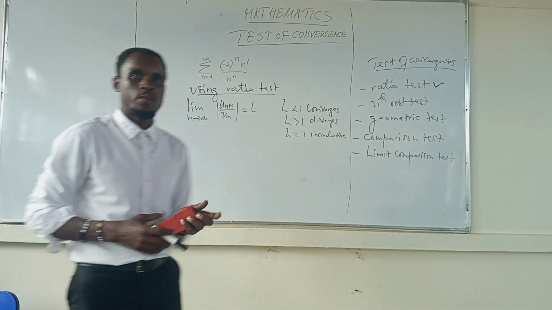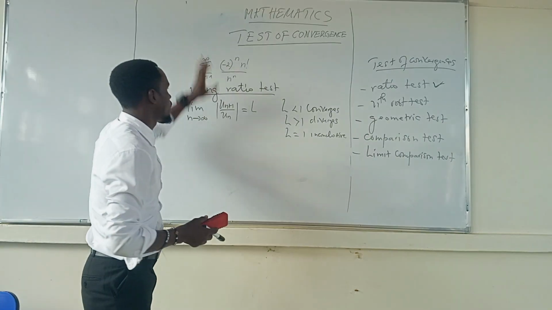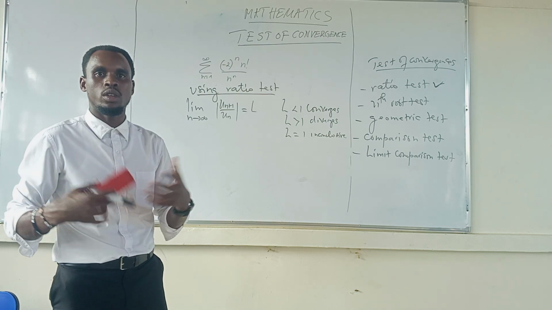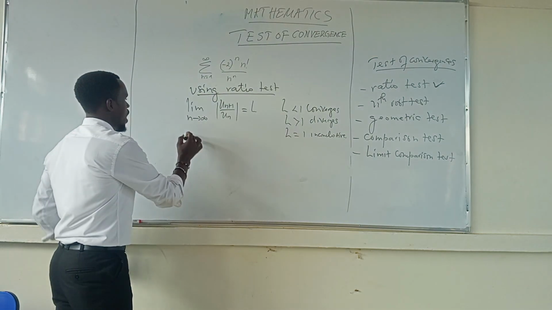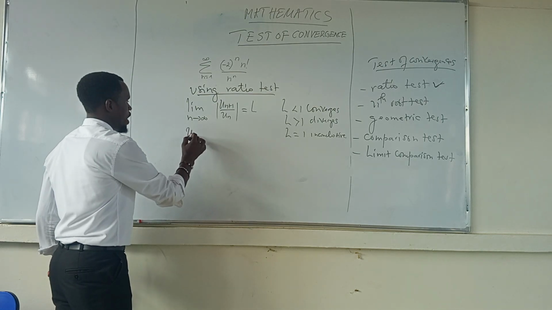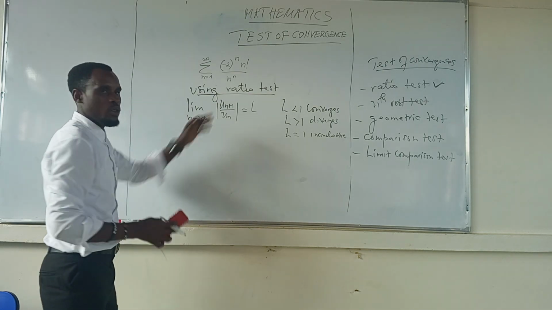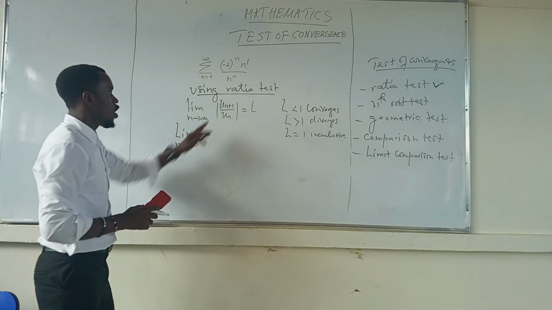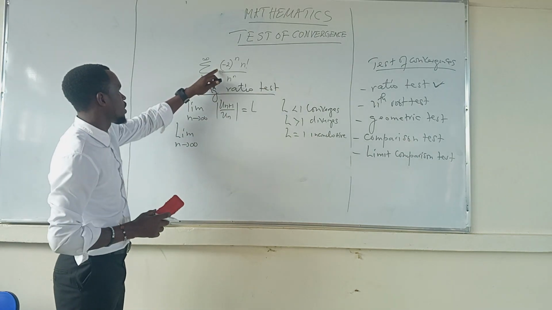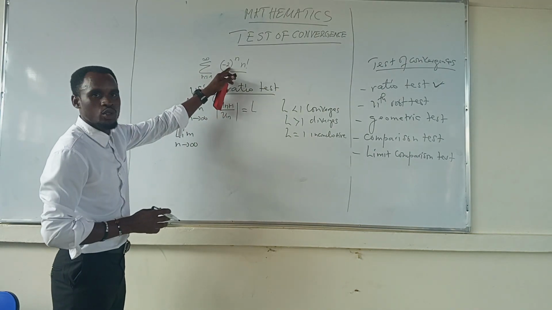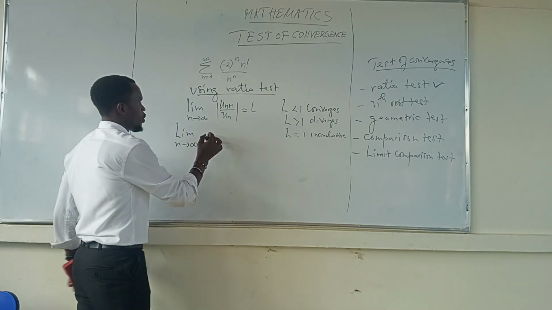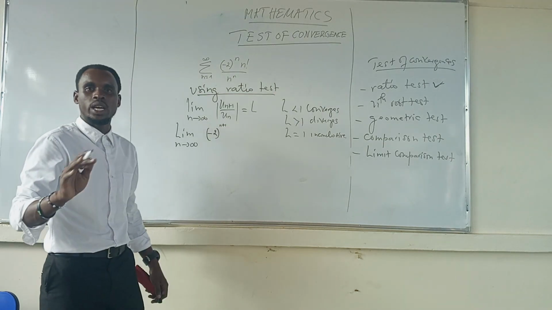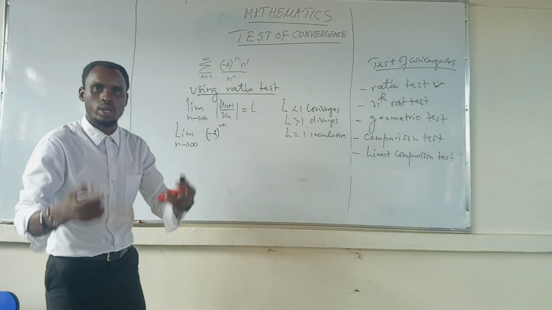And now, for our series, you can see that we are going to use the ratio test to test whether it is convergent or divergent. First of all, we need to find u n plus 1 by following the formula. So we evaluate the limit as n tends to infinity of u n plus 1 over u n. Taking our series as u n, u n plus 1 will be negative 2 power n plus 1. You just replace where there is n, you put n plus 1.